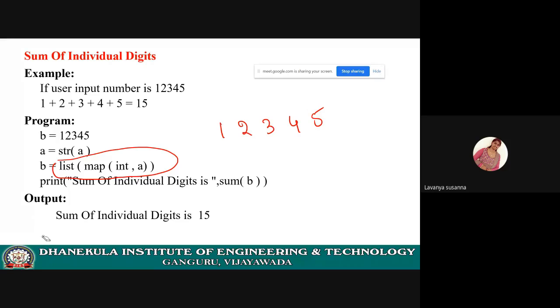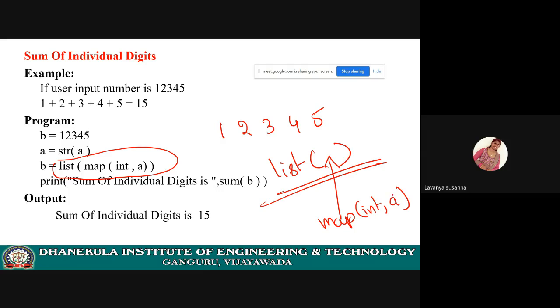Now, here, see the statement list. You are using the list function. Remember, the list function is used to convert anything into a list. Now, inside this, you are using the map function, right? Map of int comma a. What is a?